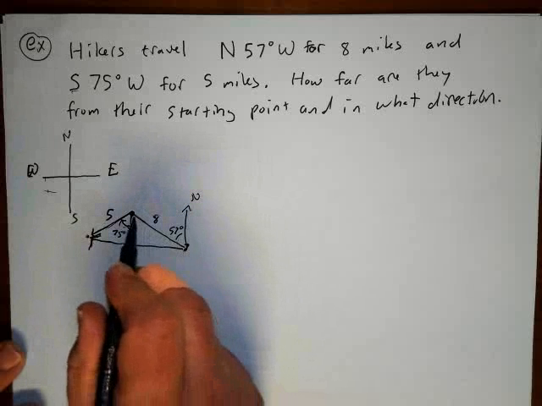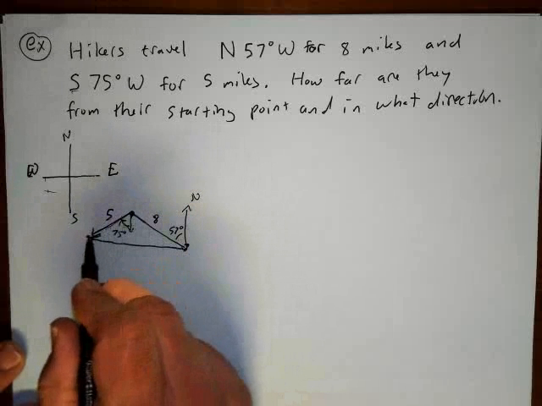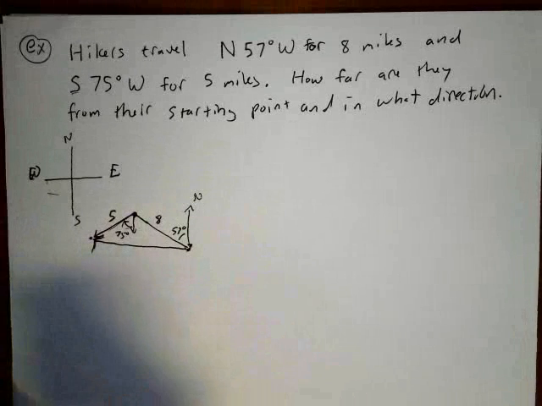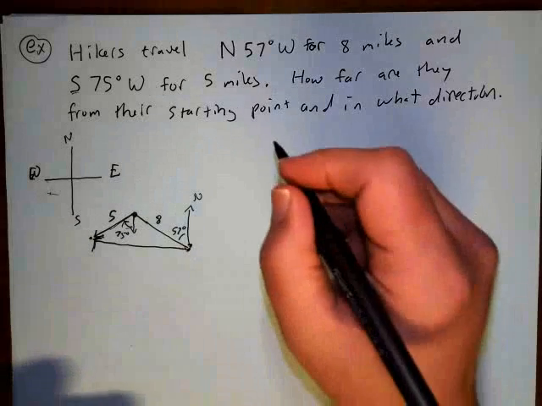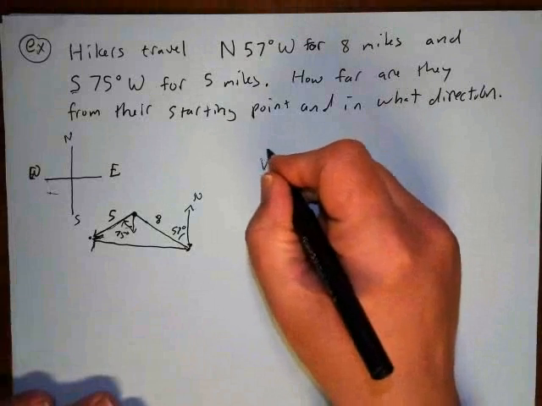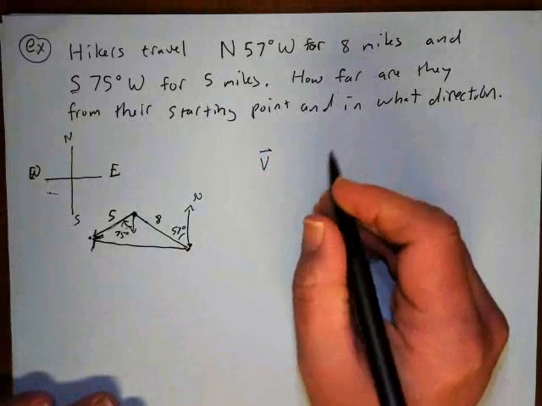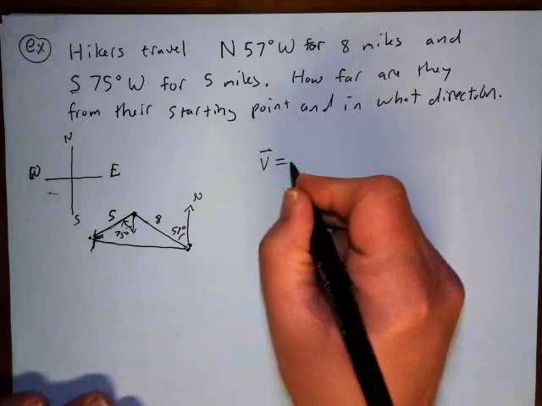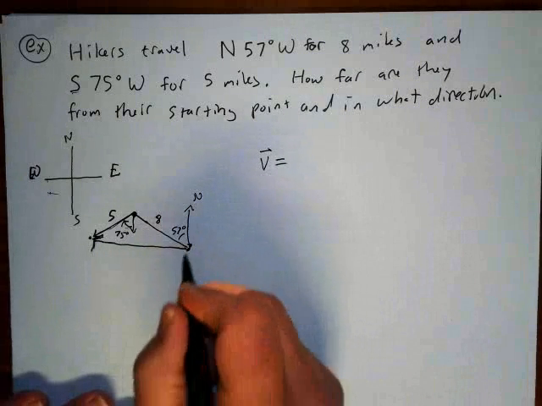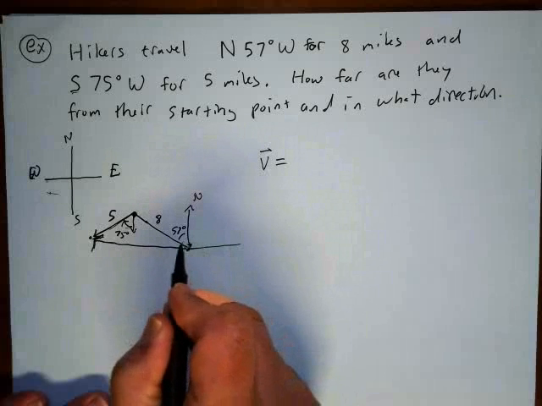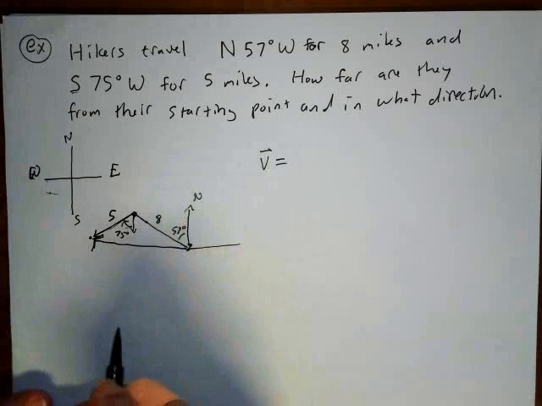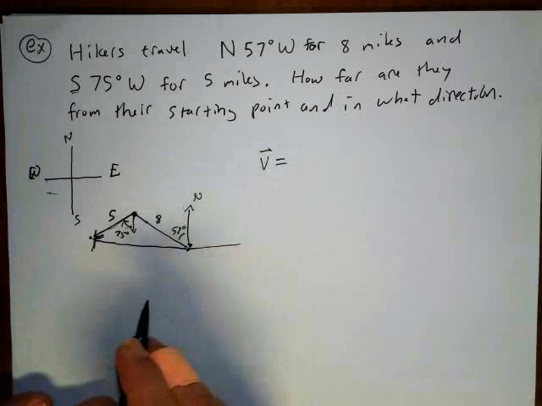Basically, this is adding this vector and that vector, adding the two vectors. So let's just call these two vectors v1 and v2. What we're going to do is get the component form of these vectors. So what I need here is the angle in terms of theta.